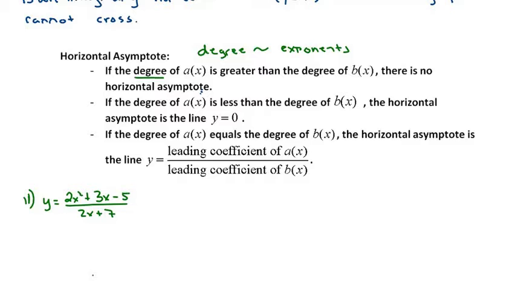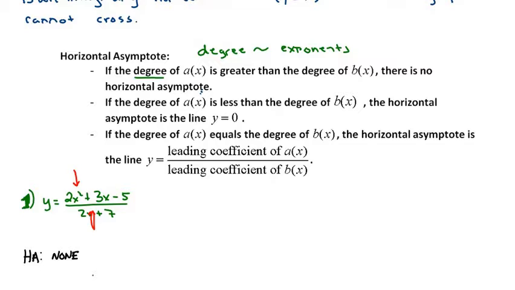And if it doesn't simplify, you get to something like this. You might have to remultiply or something. But basically what you're looking at is the degree. This one has a degree of 2. This one has a degree of 1, so it falls under example number 1. So the horizontal asymptote for this problem, there isn't one. So we would write none or not applicable or something like that to make sure that I know.